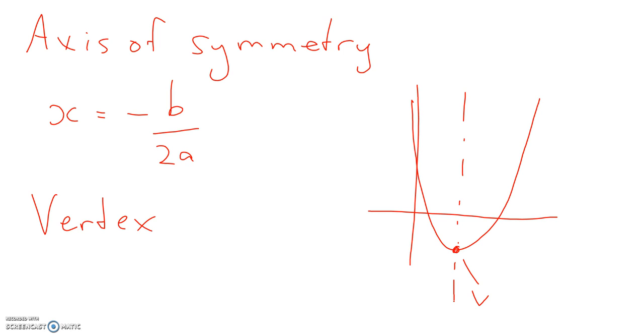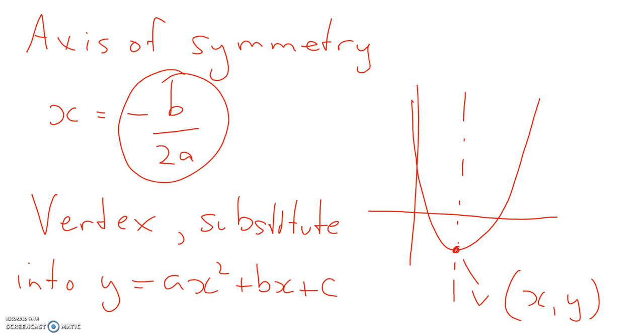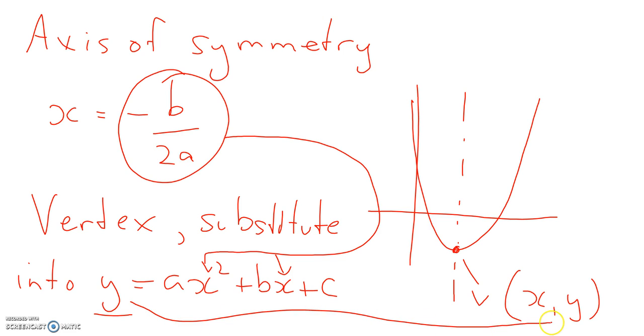So what we do is we find out this value and we substitute this value of x into our y equals ax squared plus bx plus c. And that will give us our vertex down here, our x and y coordinates of our vertex. This was the x coordinate, and by substituting this into here for x and working out y, we end up with the y coordinate of our vertex.